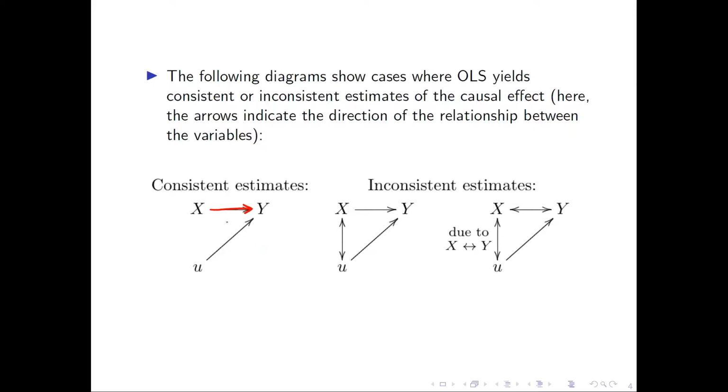For example, here the X variable has a causal effect on the Y variable, and the error term, remember, just contains all the other variables which have an effect on Y. To get consistent estimates, there will be no correlation between the error term and the X variables.